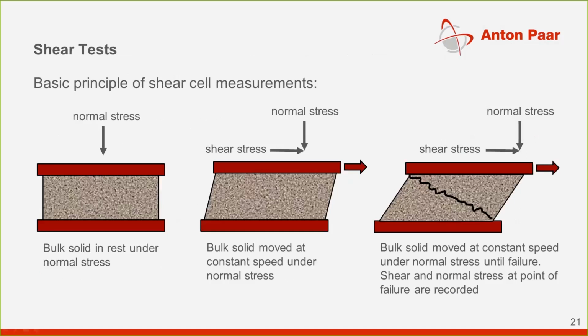Then the normal stress is reduced a bit, and the shearing is continued, and at this point the sample will break, which is the failure point, which gives a shear and a normal stress at this failure point. These can then be used to construct the Mohr diagrams, which give the yield locus and allow us to calculate the flow functions of samples.